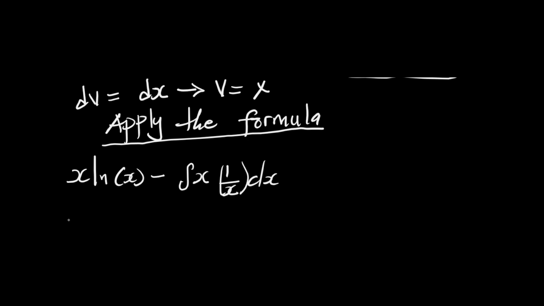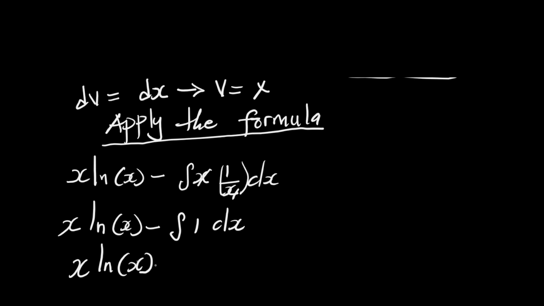Now to solve this one, we have x ln x minus, x cancels x, integral 1 dx. Now we move on. We have x ln x minus the integral of this one, which becomes x, plus c. This is our final solution to this problem.